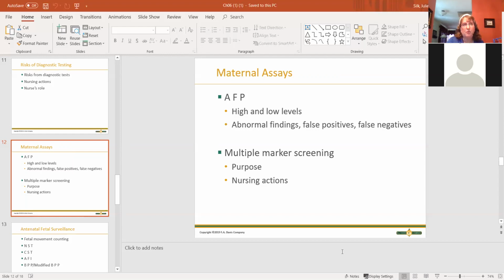And human chorionic gonadotropin would be twice as high in pregnancies with trisomy 21. And then you would have decreased estriol levels if maybe this person had a neural tube defect. Those would be some of the things you'd be looking for there.